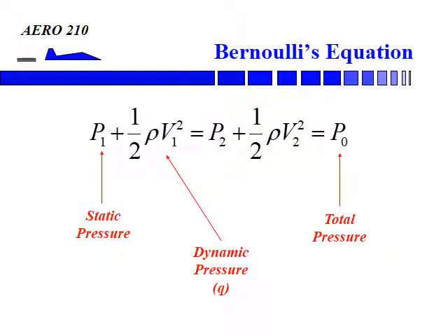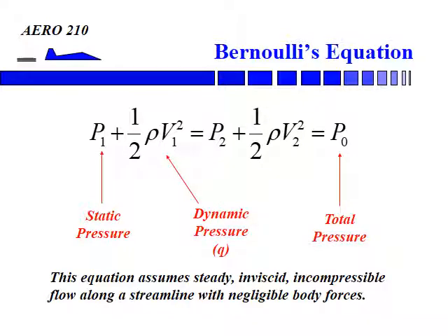We're going to give all the terms a name. The pressure we're going to call static pressure. 1/2 rho v squared we're going to call dynamic pressure, and the total of those two, which is a constant anywhere along the streamline, we're going to call total pressure.